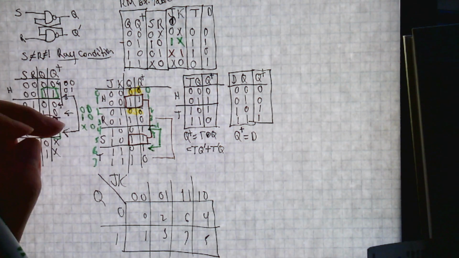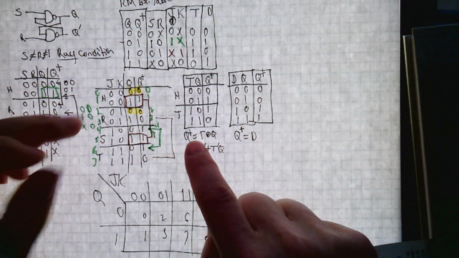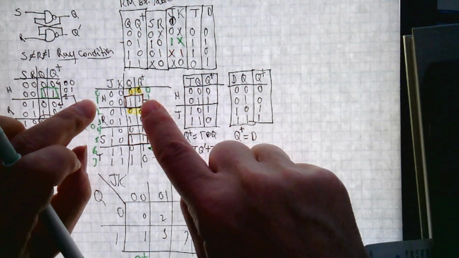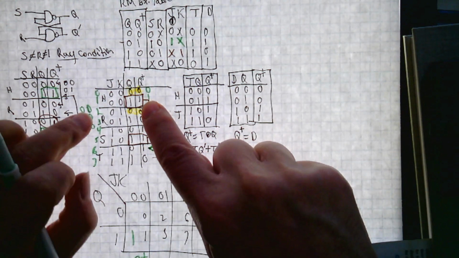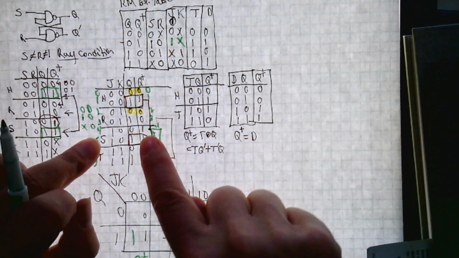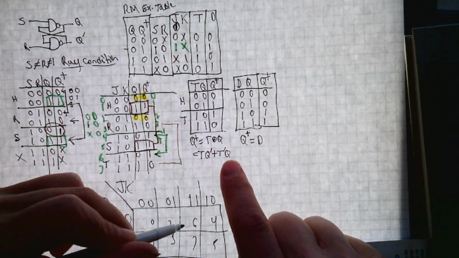There we go. So I got Q plus equals, so 1 over in here. There's a 1 over here on row 4. Is that row 4? 0, 1, 2, 3. Yep, that's row 4.